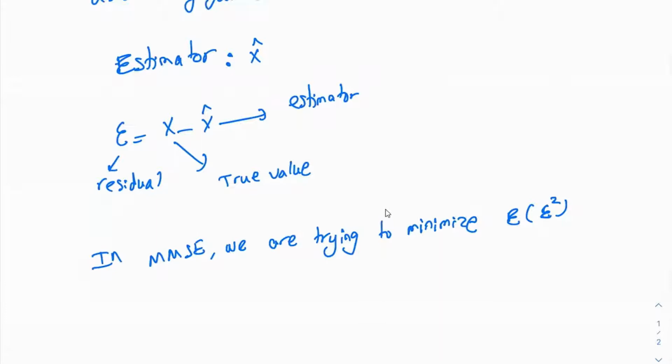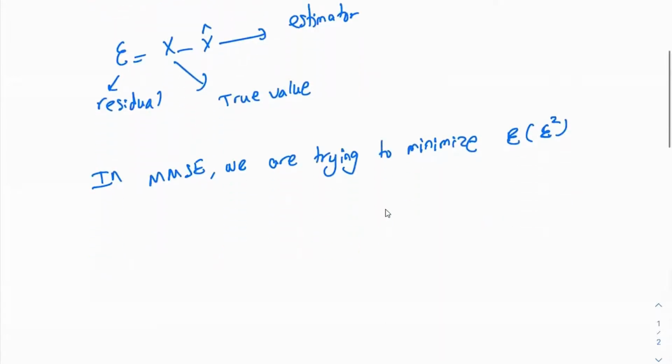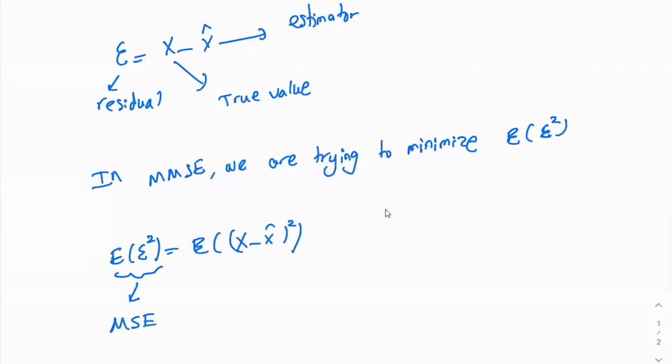We are trying to minimize the average value of epsilon squared. This quantity is equivalent to the expected value of x minus x hat, squared. It has a very important name in the estimation literature: MSE, mean square error. So usually you see these two terms together, MMSE and MSE.